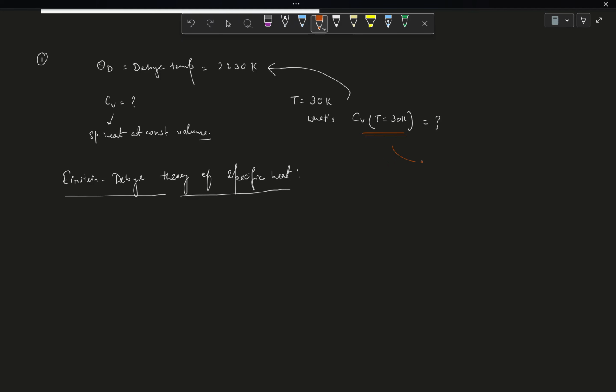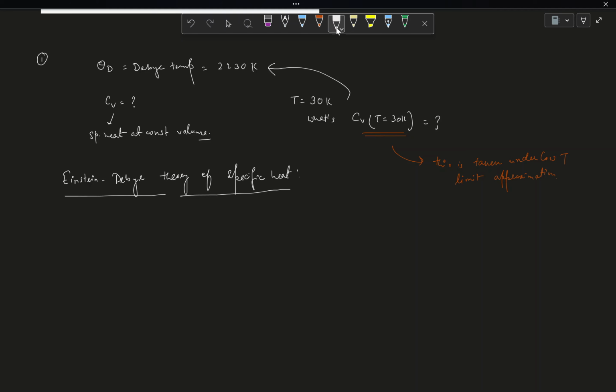So basically this is important, that we consider this taken under the low temperature limit approximation.